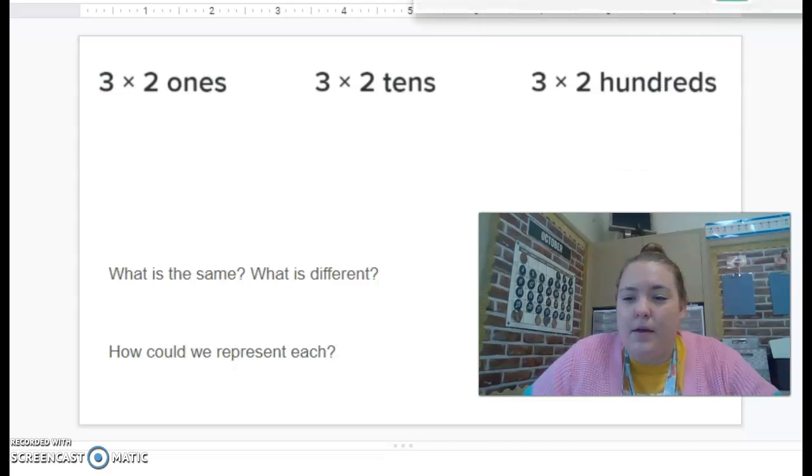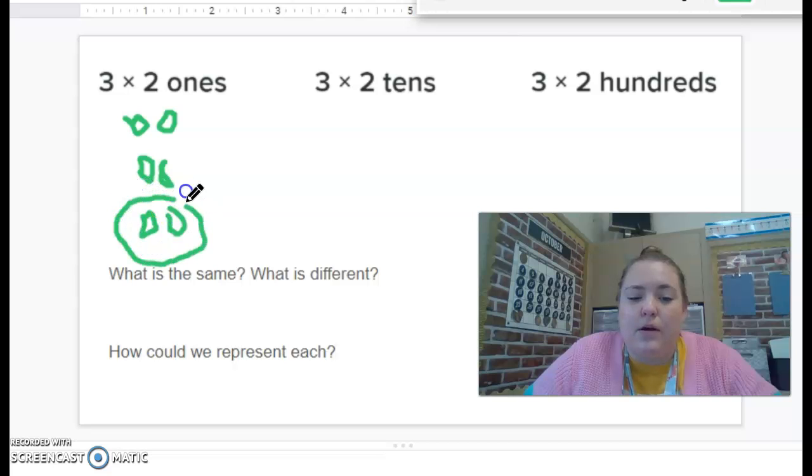So let me get out my web paint. There we go. So I'm going to make 3 groups of 2 ones. I'm going to represent ones with little blocks. So there's 1 group of 2, 2 groups of 2, and 3 groups of 2. So here I have 1, 2, 3 groups of 2 ones.